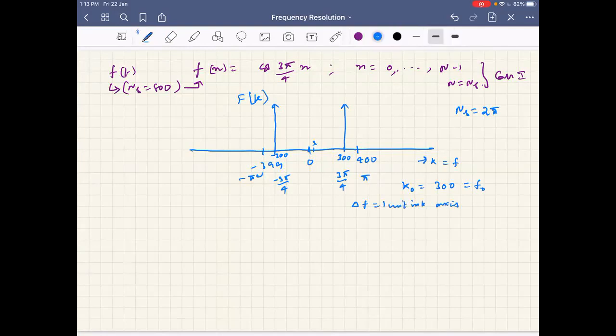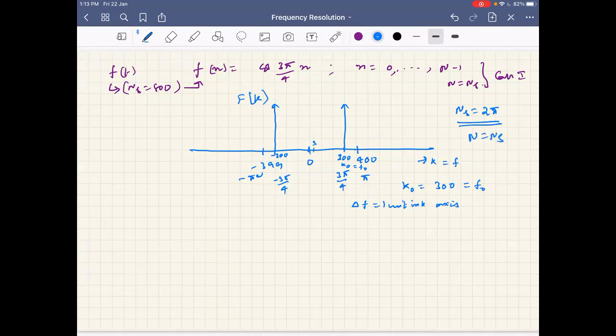That is why we are able to see that k naught equals f naught, where the peak has occurred. This is still k naught, please remember, and this in fact is equal to f naught in our simulations, in our example, because Ns equals 2 pi and N equals Ns.